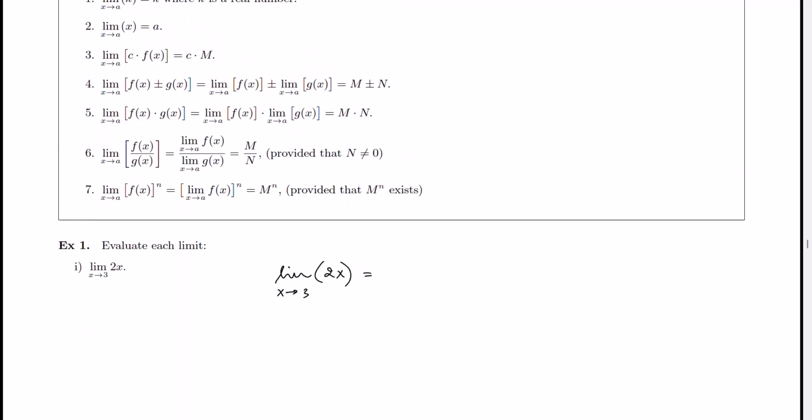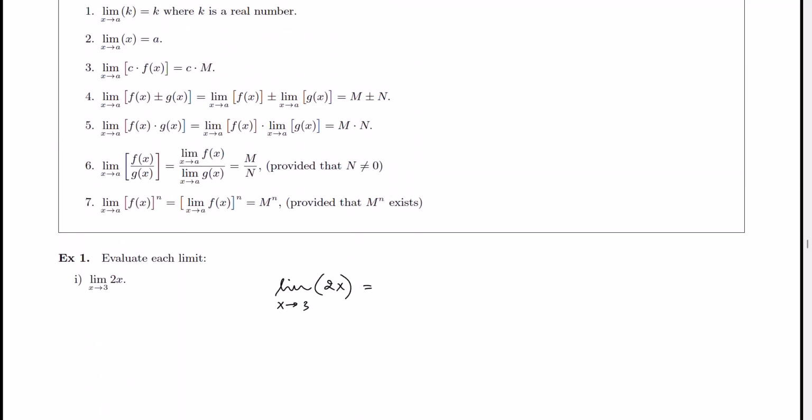If I look at my theorems above, one of them tells me that if I have a limit of a constant times x, I can ignore the constant and pull it out of the limit. For me, that means this. I have a 2x in here, and rule number 3 allows me to remove the 2 from the expression and put it in front of the limit, so I have 2 times the limit as x approaches 3 of x.